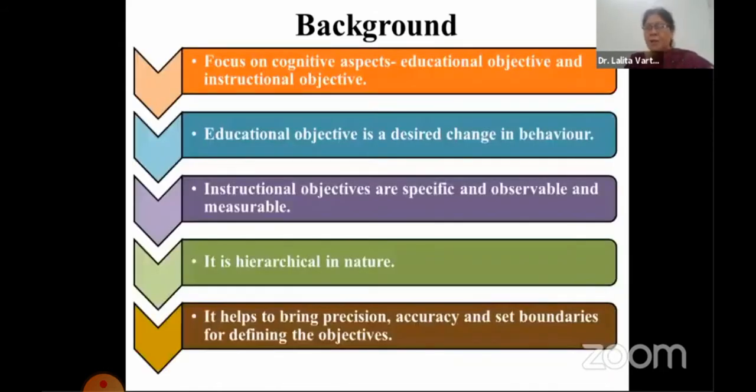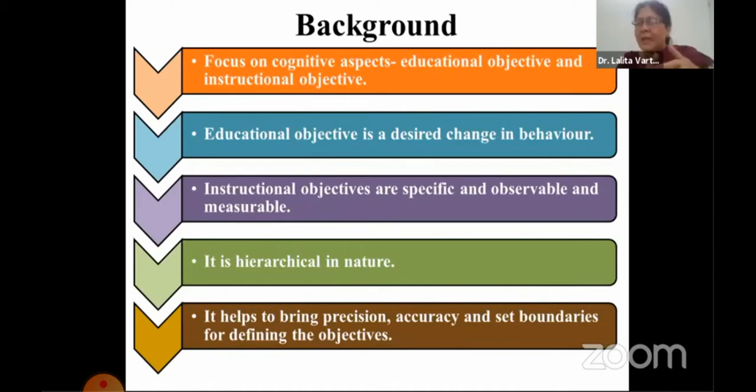The focus was on the cognitive aspects. As I said, there are educational objectives and there are instructional objectives. When we are talking of educational objectives, we are talking of the broader objectives which we expect in our students. Naturally, we want these objectives to be achieved and to be visualized.